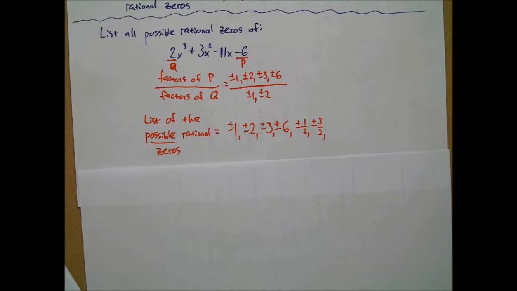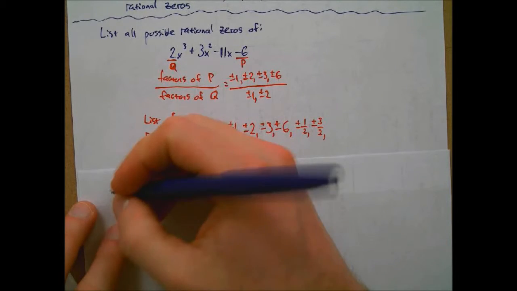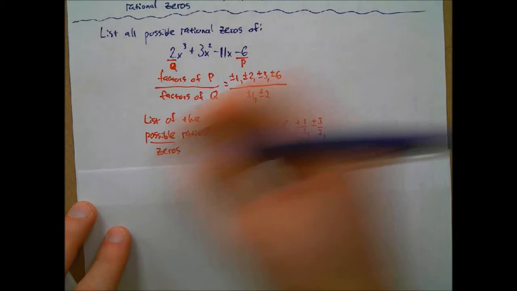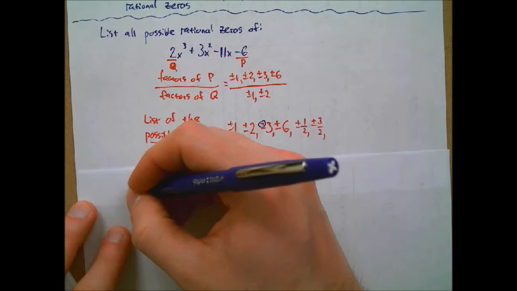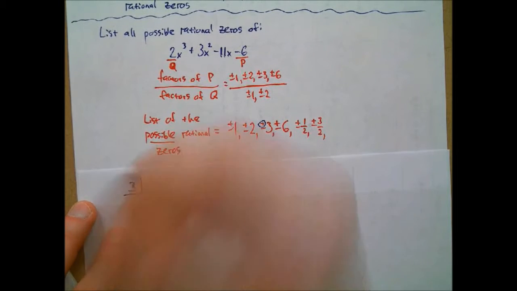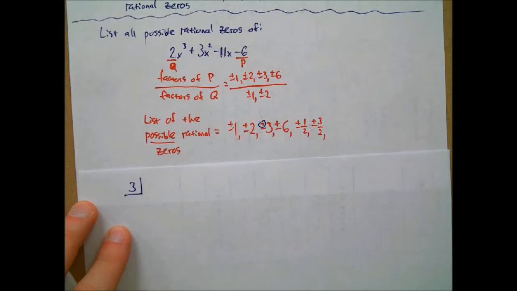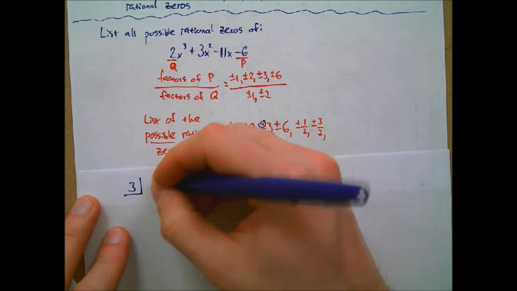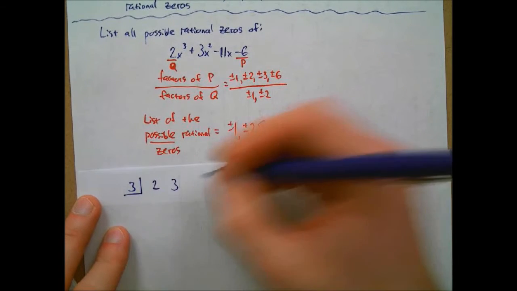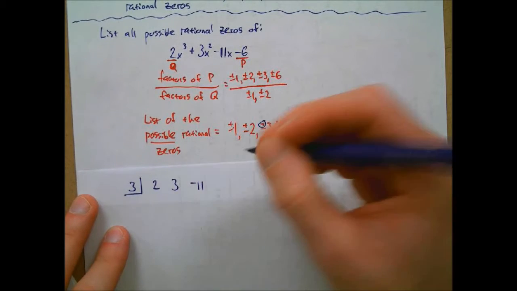Okay, I heard 3. Let's try 3. We're going to guess positive 3 here, so I'm just going to circle a little plus sign there. We're going to put 3 in the little box for the synthetic division. Across the top, we're going to put our coefficients: 2, 3, negative 11, and negative 6.